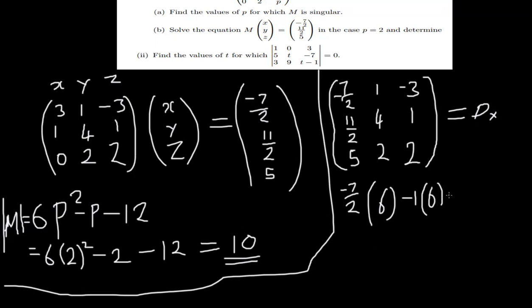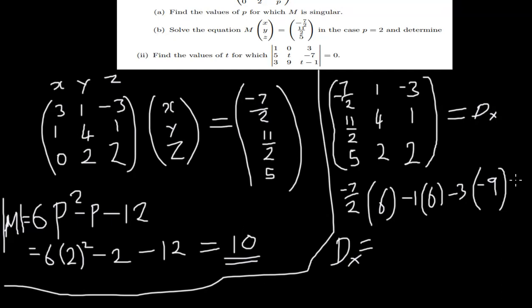Then lastly, I'll write my negative 3 that side, and then open brackets. 11 over 2 times 2, I'm getting 11, then 5 times 4, I'm getting 20. So 11 minus 20, I'm getting a negative 9. Is it? Yeah. So when you simplify it, we're going to have our dx, the determinant in x.